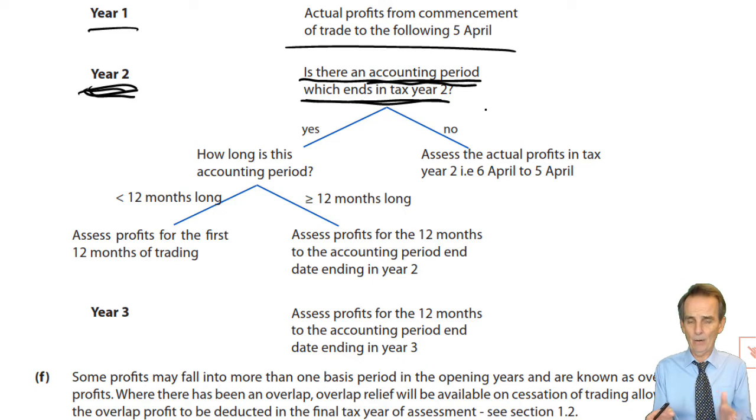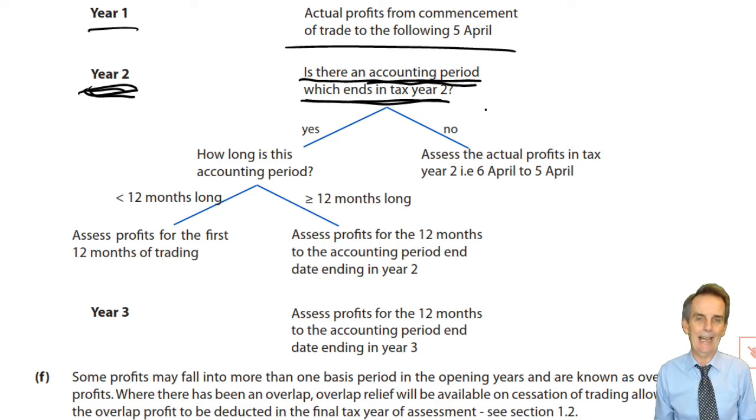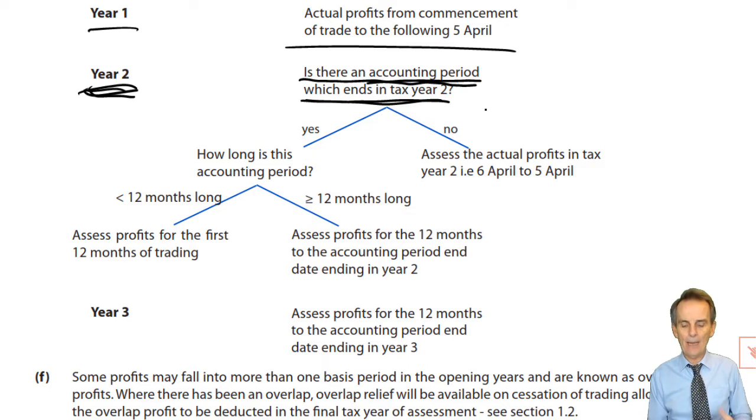It's either going to be a period of less than 12 months, a short period ending in that second tax year, or it will be a period of more than 12 months that ends in that second tax year, a long period ending in that second tax year. And depending what outcome we find here, that will dictate the basis of assessment.